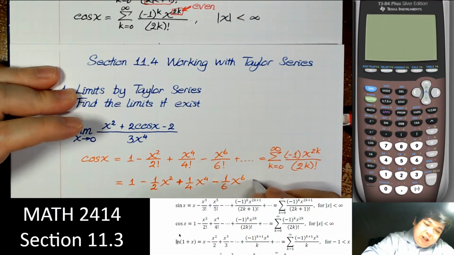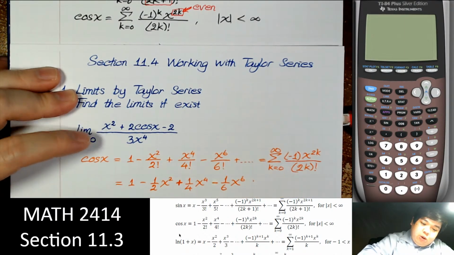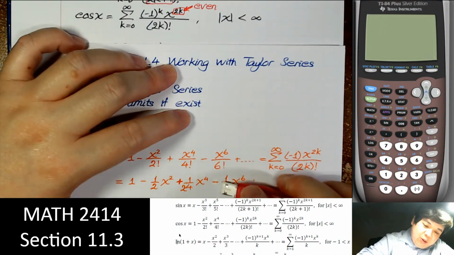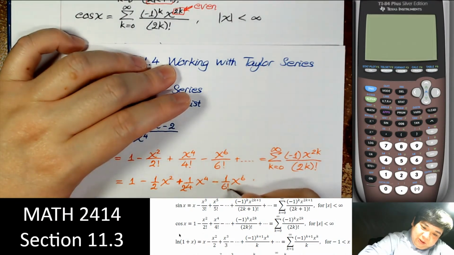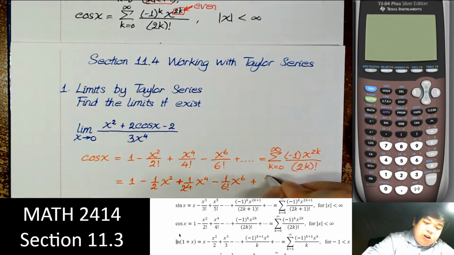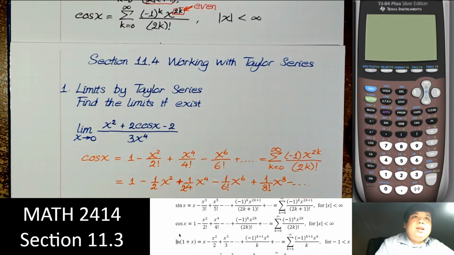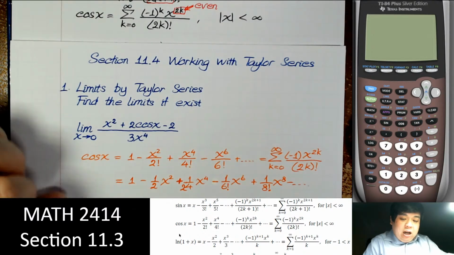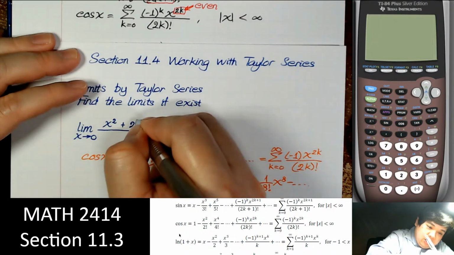If we want another term, x to the 8 over 8 factorial. Anyway, so we write the cosine is this, and then we will substitute into this.